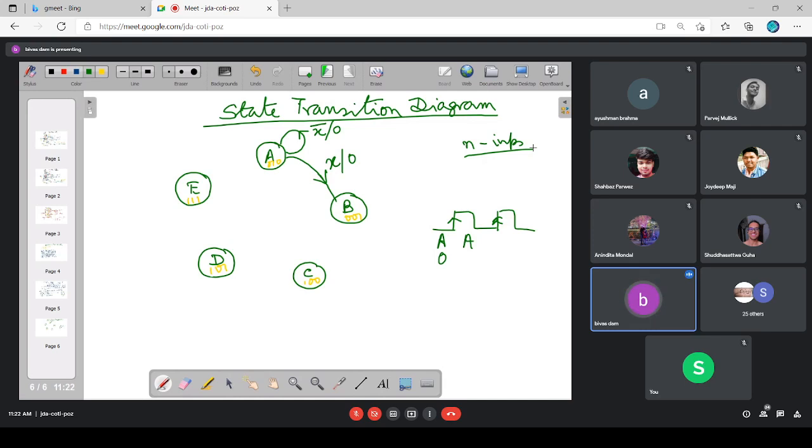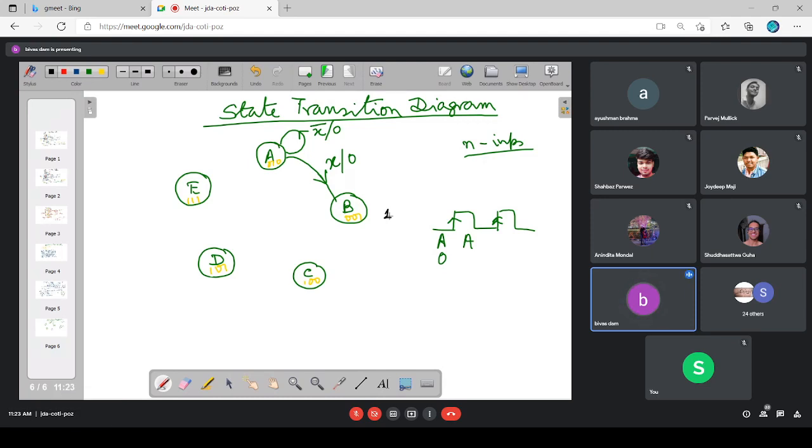Now from A, both the branches have been drawn. Now you are in state B. When your present state is B, once again X bar may come. If X bar comes, what will be the next state? C. No. You are in state B, that means what is the meaningful or significant input pattern available? Now only 0, only 1.